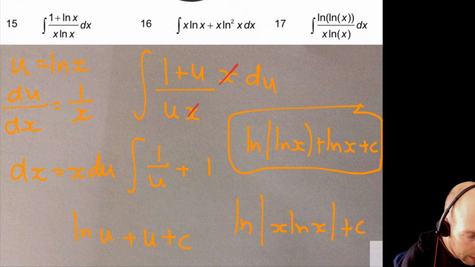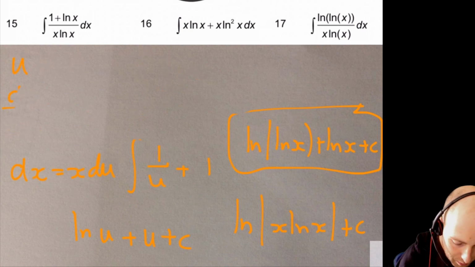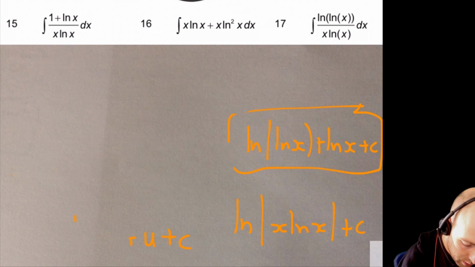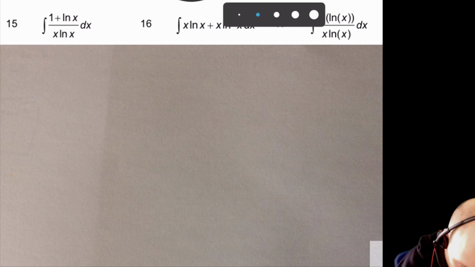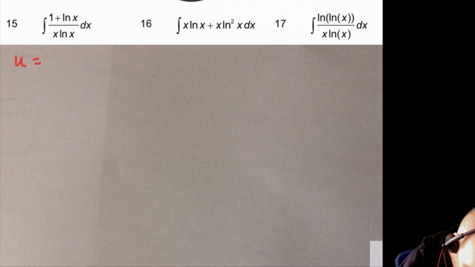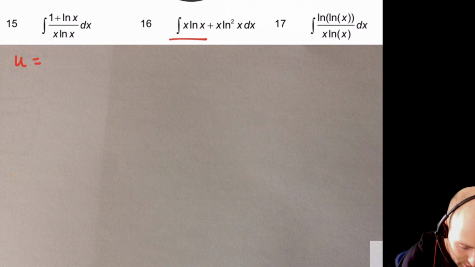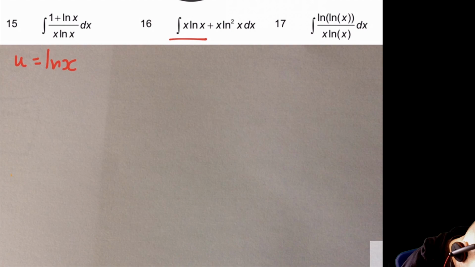The second one is, what did I say it was? By parts. It's a horrible, long-winded by parts, this one, but you can do it. So here we have, let's do the first one first, and then we'll do the second one. So u equals ln x, v dash is x, v is x squared over 2.